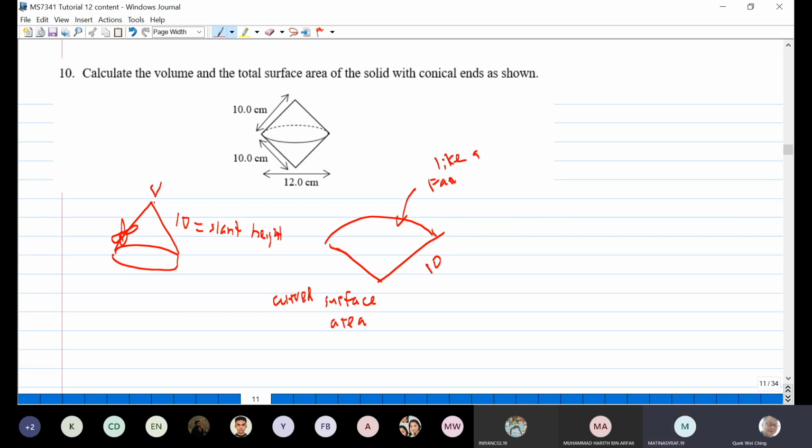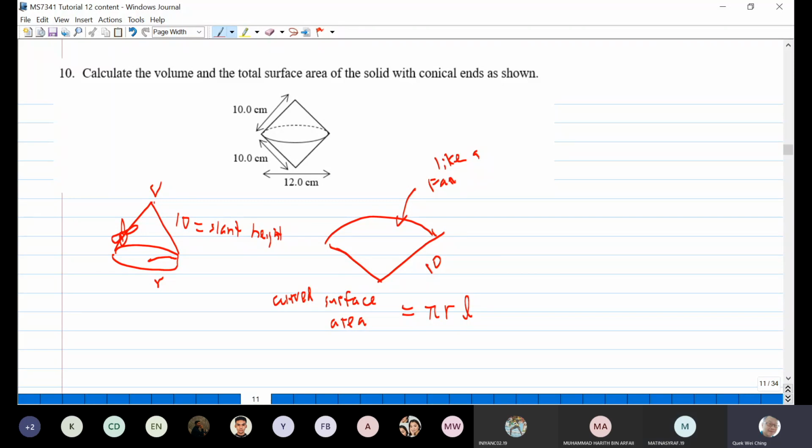Now the formula for curved surface area, yesterday I mentioned this is pi r l. R is the radius on the base. There are actually two surfaces, one on top, one below.